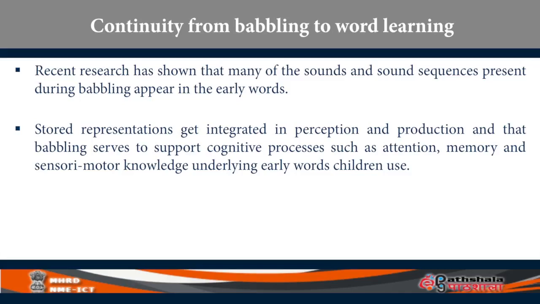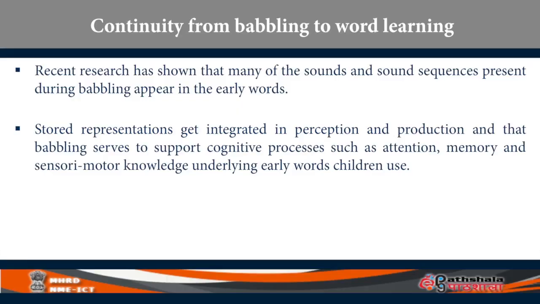Recent research has shown that many sounds and sound sequences present even during babbling appear in early words. Remember, babbling happens at the age of 6 months. Children say papa, papa, papa, da, da, da, da, blah, blah, like they just babble. But researchers are saying that the babbling stage is continuous, there is a continuum between babbling and first words.